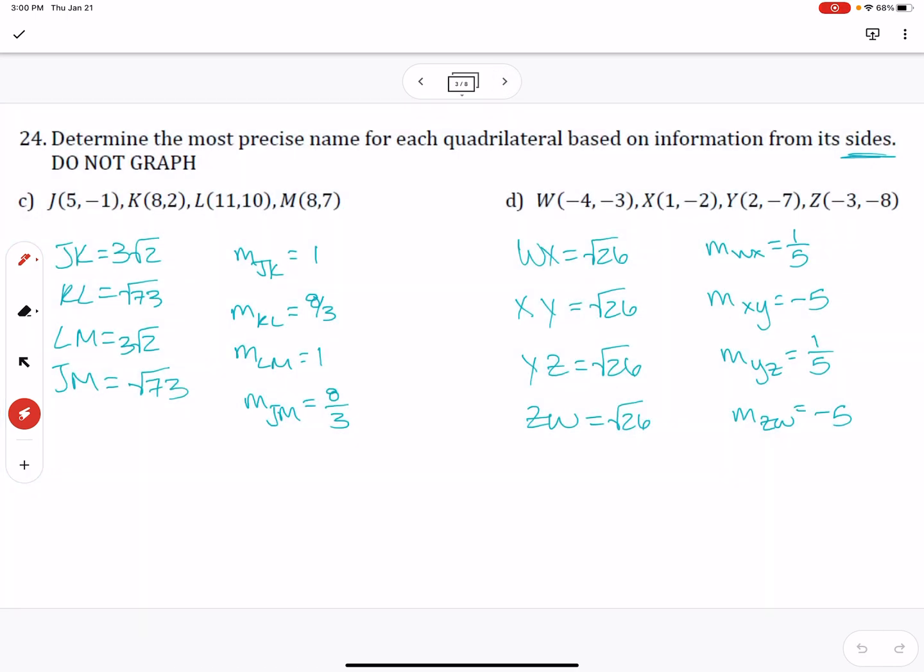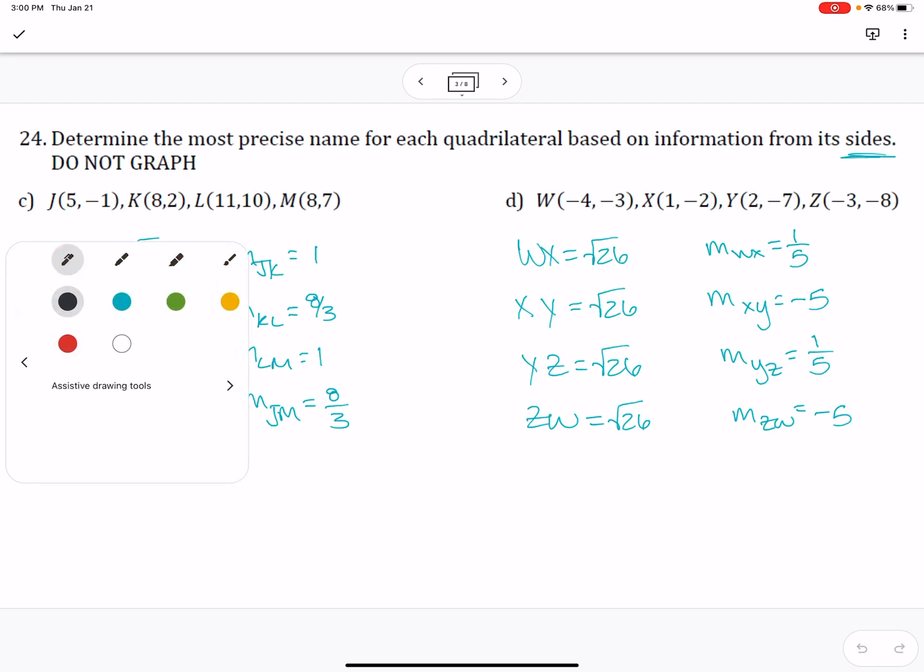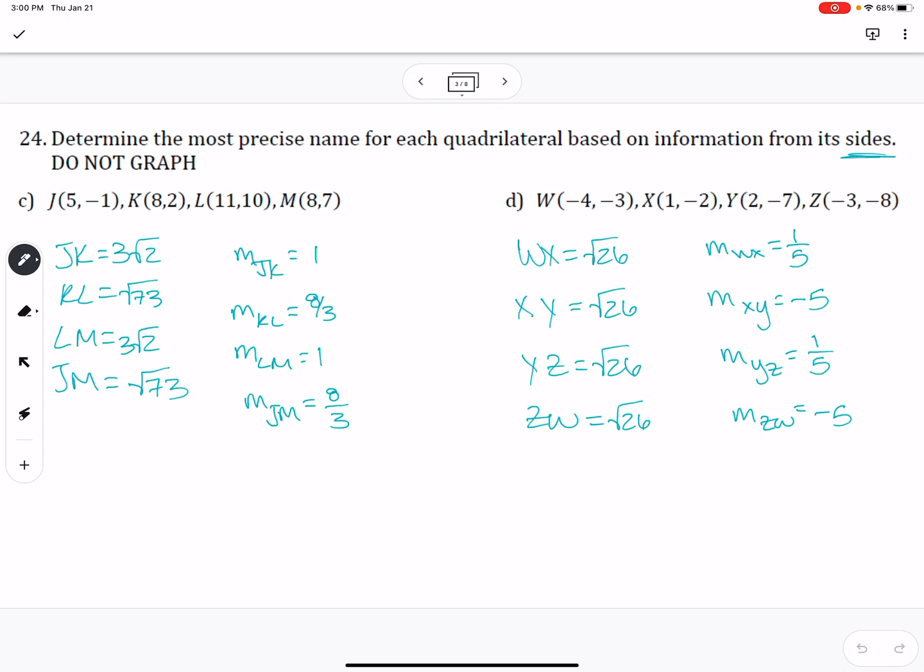This is the same idea, but you're doing it based off of the sides. So again, I did some front work here so that I had the information all ready to go. I'll do the same thing I did before. I'm going to leave out basic quadrilateral and just write special quadrilaterals because that's really what we're looking for here.